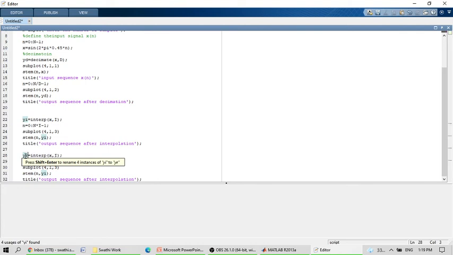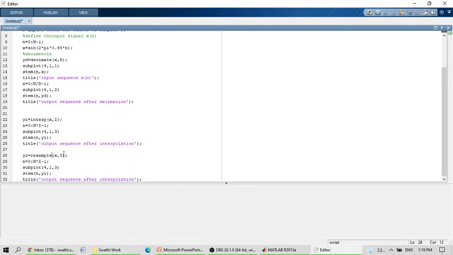So I give here YR. In order to implement the sampling rate conversion by a factor of I by D, I have to use the command resample. So resample of x comma, what do I want to increase? The number of samples in the input sequence x.